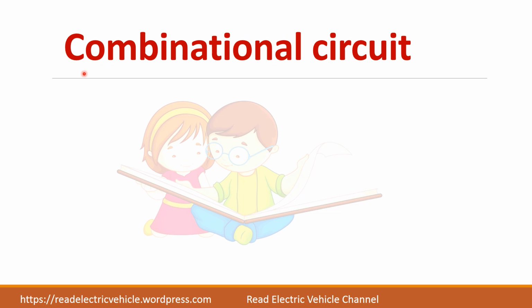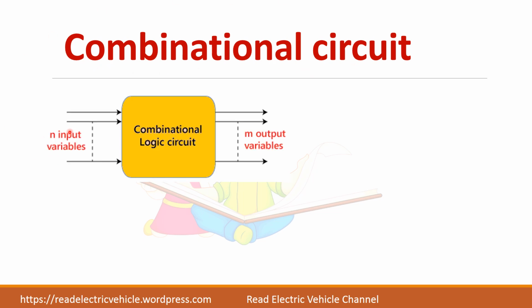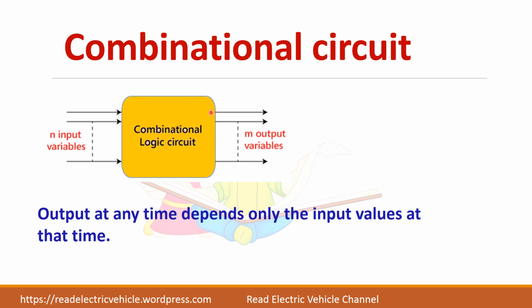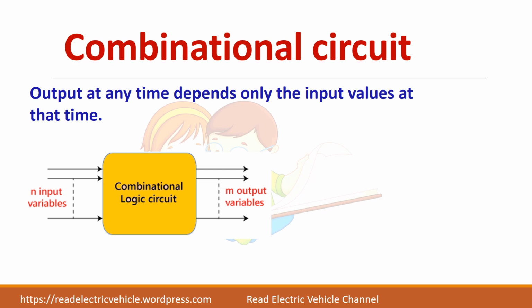Now first we will see about combinational circuit. If you give some input, you will get some output. So the output at any time depends only on the input value at that time. Example, you take logic gates.